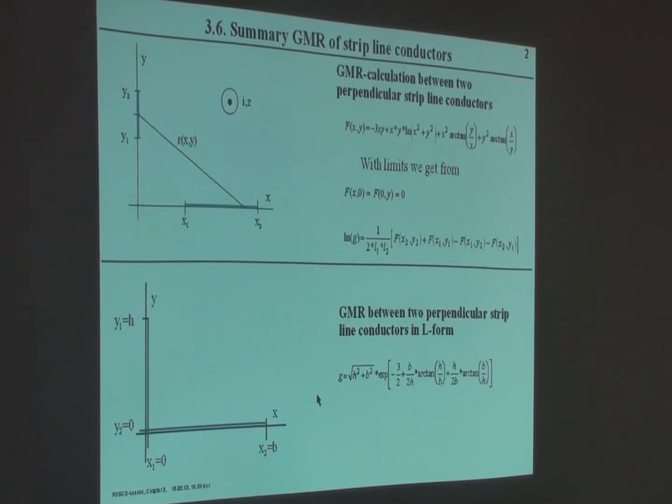So we have here perpendicular strip line conductors. What are perpendicular strip line conductors? If this is phase A and phase B, you have to calculate, for example, this to this.